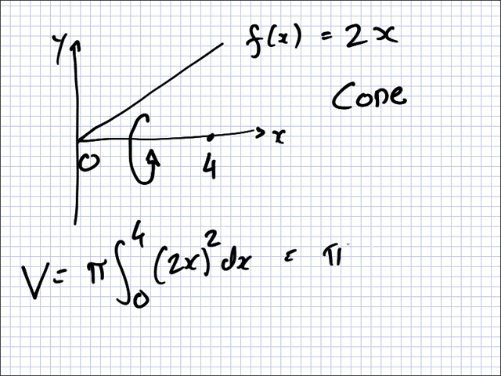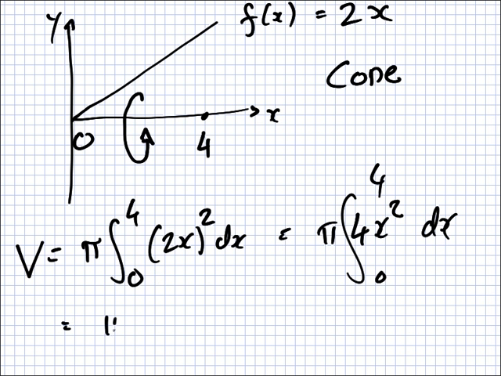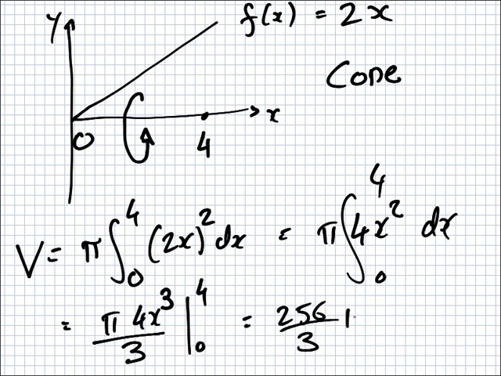So V equals pi, integral from 0 to 4 of (2x) squared dx. Yeah? Pi times 4x squared dx. That's pi times 4x cubed over 3, from 0 to 4. So that's 256 over 3 pi.